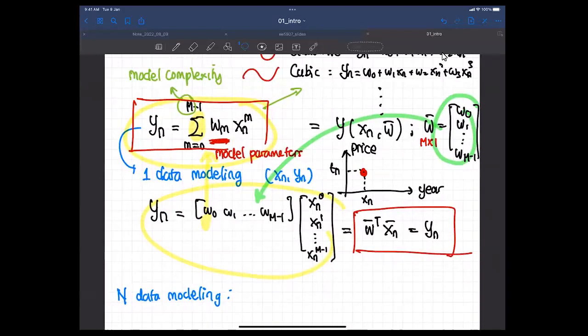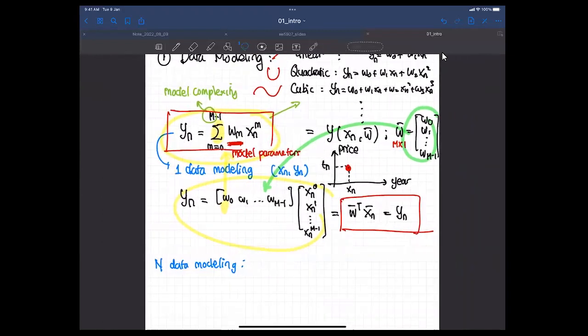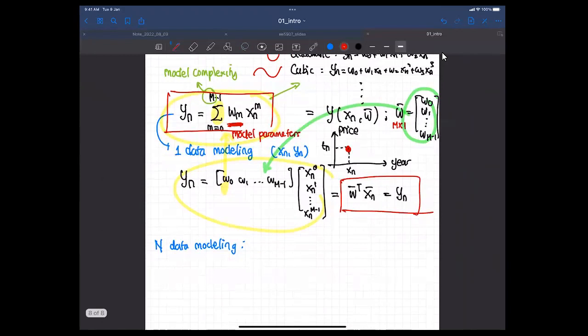Okay, so if there's no question, how about n data modeling then? If you have y, now y is a y vector, and the y vector here is more than one data. It means that we have y1, y2 until what? What is the subscript that I have to write here? No, that's wrong.